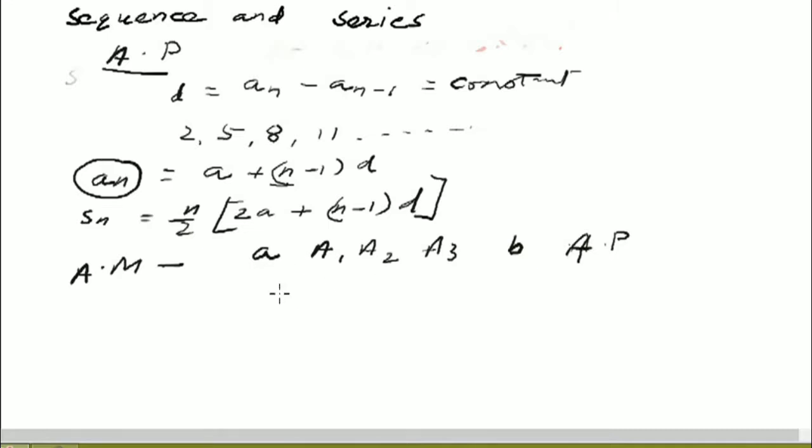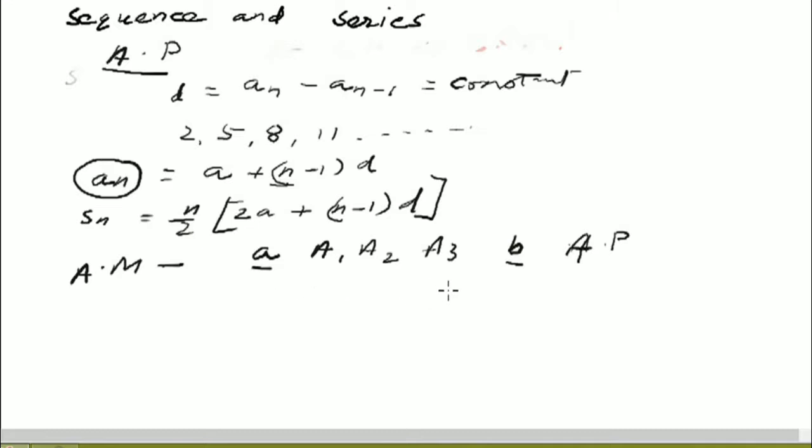The first term is A and the last term, which is going to be the fifth term here, is B. You just count: A, 1, 2, 3, 4, and B is the fifth term.